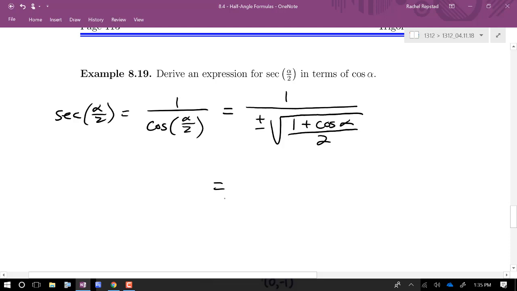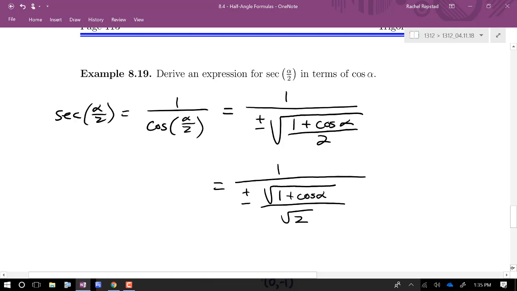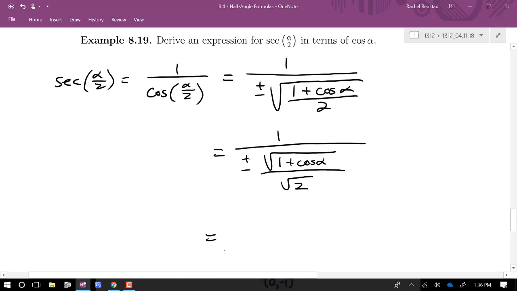A couple of ways we could proceed, but I might suggest starting by splitting up this radical over division. And now that we're dividing by a fraction, we can just write it as multiplying by the reciprocal.